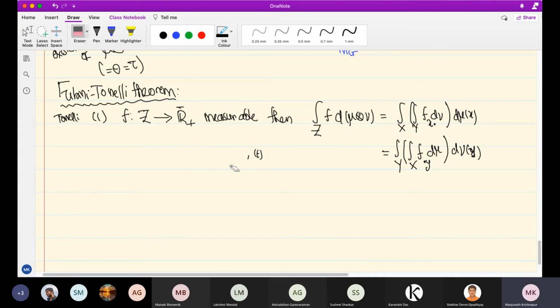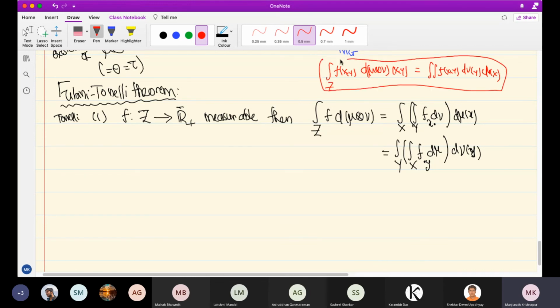The easiest way to remember it is to write the integral of f(x,y) d(mu tensor nu)(x,y) over Z is equal to the integral of the integral of f(x,y) d nu of y d mu of x, etc. This is the usual way we write it, and it's easy to remember instead of writing the sections, because f_x of y means f of (x,y) d nu of y. That's how you write it.